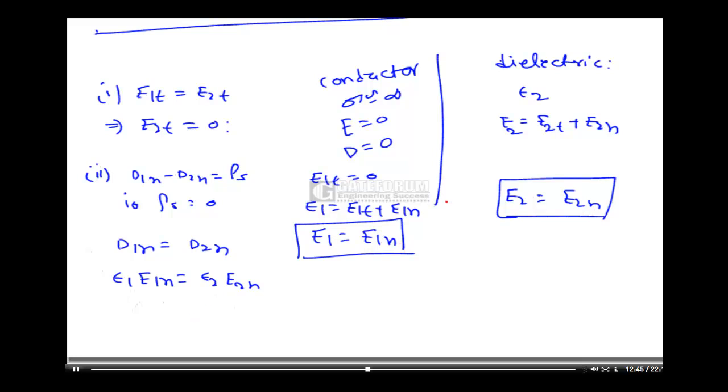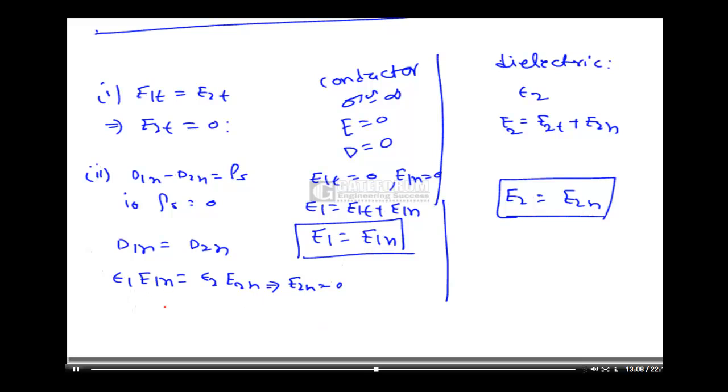Since this is a perfect conductor, E1n is also equal to 0. Then E1n is equal to 0 means E2n is also equal to 0 if rho s is 0.